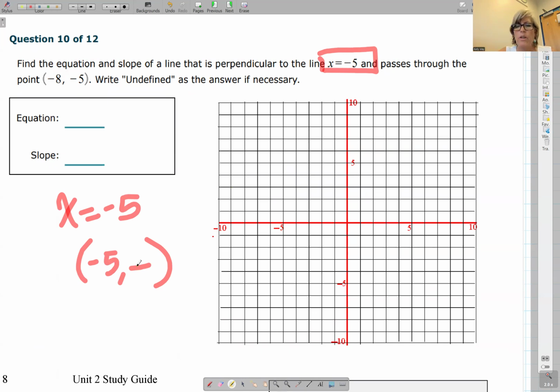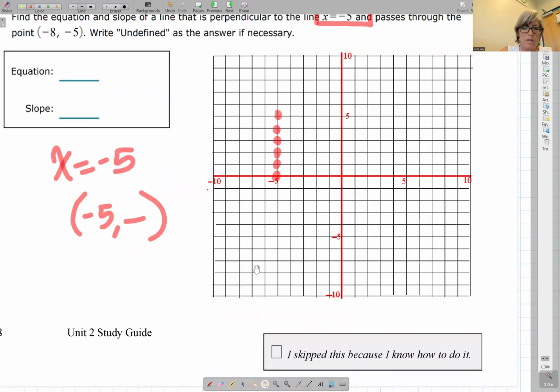So just start graphing a bunch of points. So -5, 0, -5, 1, -5, 2, and you see that x equals -5 is a completely vertical line. And the slope is undefined.